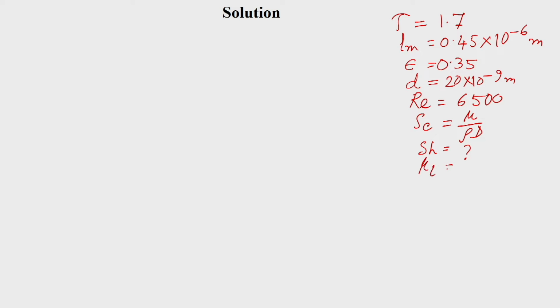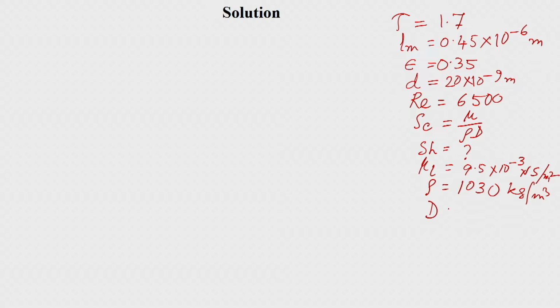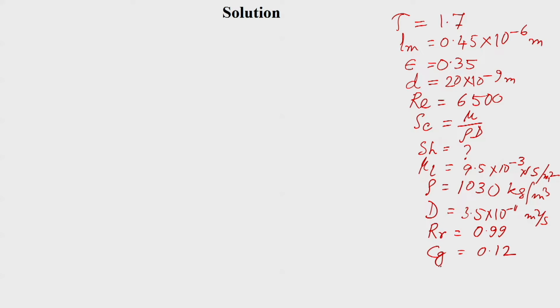Then mu L is 9.5 into 10 to the power minus 3 Newton second per meter square, density is 1030 kg per meter cube, diffusivity is given as 3.5 into 10 to the power minus 11 meter square per second, real retention is given as 0.99, Cg is given as 12%, and bulk concentration is given as 1.3%.